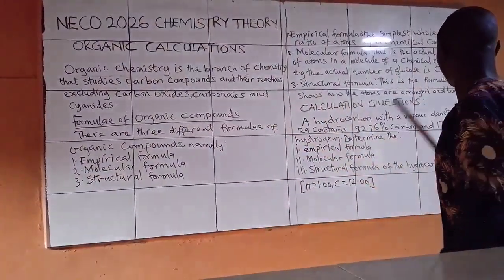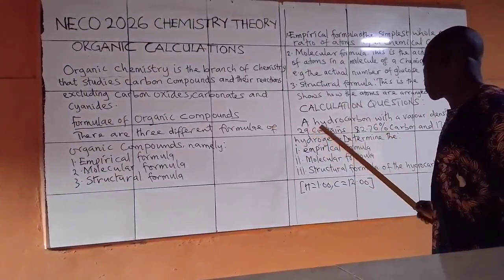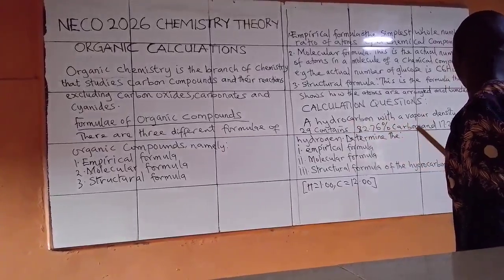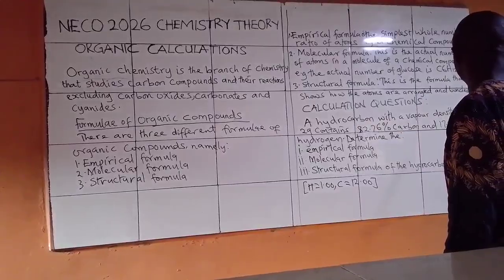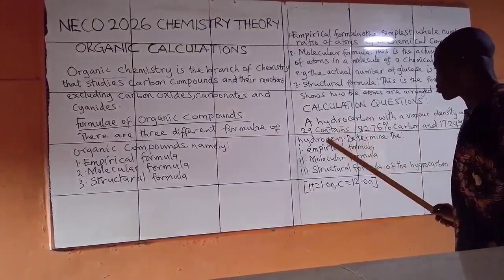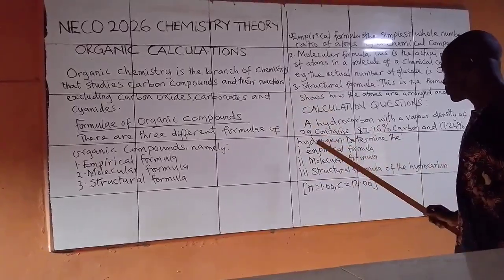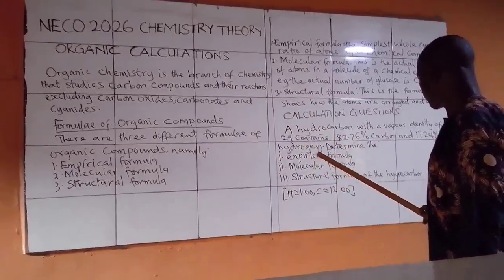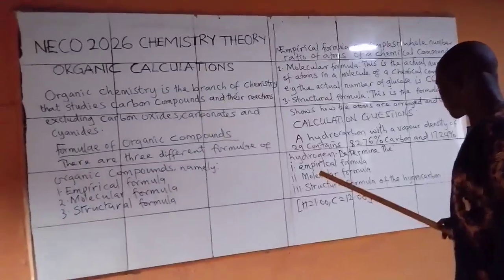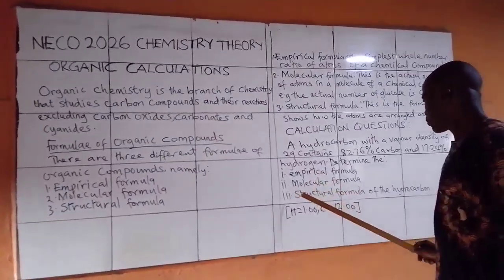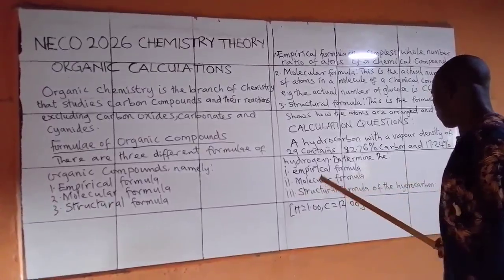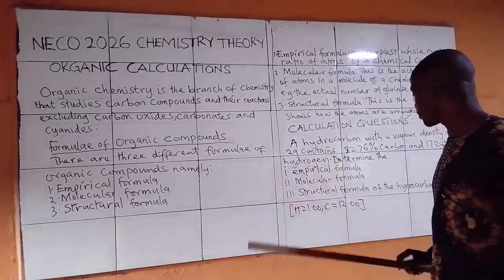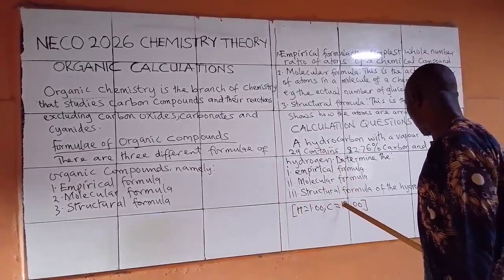A hydrocarbon with a vapor density of 29 contains 82.76% carbon and 17.24% hydrogen.